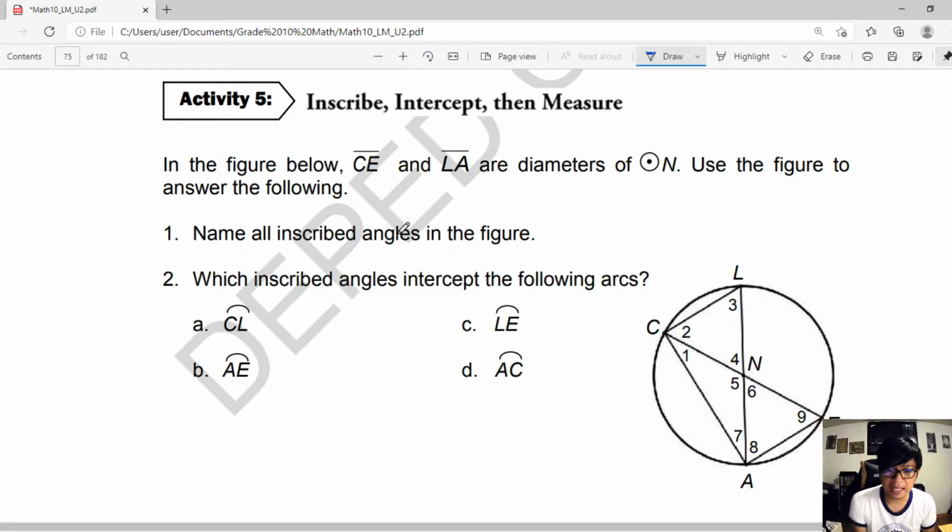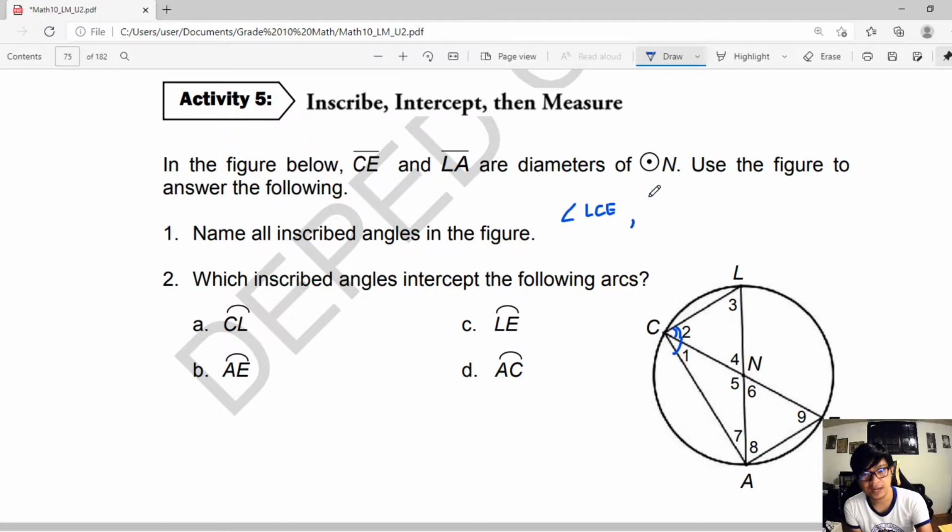Sige, magbigay tayo ng isang inscribed angle. So, this one is an inscribed angle. Angle LCE. Pwede ring LCA. This one, LCA.